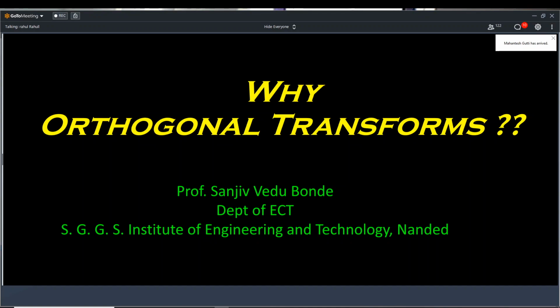So when an orthogonal transformation is there, most of the time the kernel that has been used to transform the signal, kernel meaning the basis function used for the transformation of the signal, is orthogonal. And why are they orthogonal?